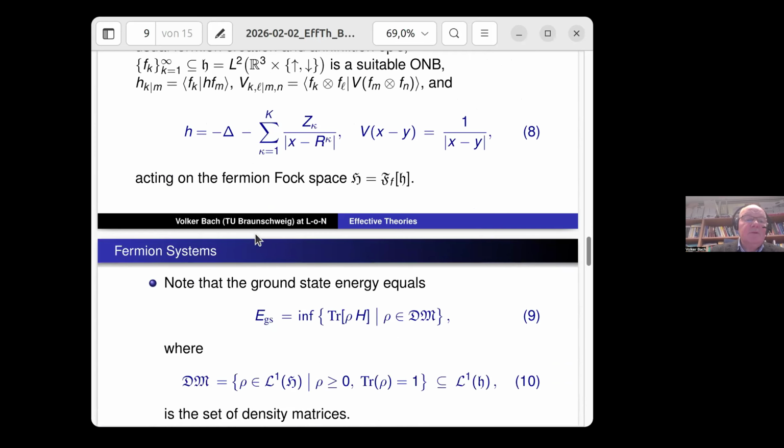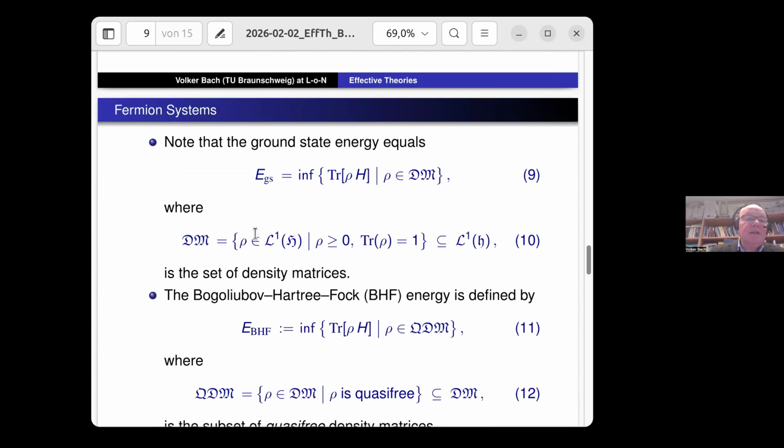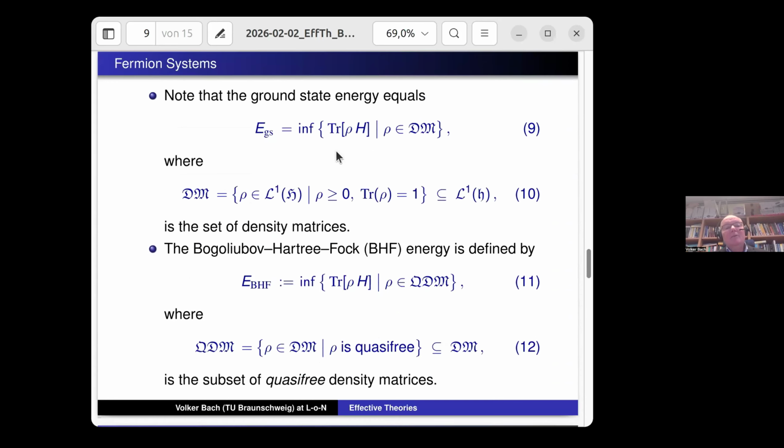So first of all, let me rewrite the ground state energy. Instead of taking the minimum over matrix elements of the Hamiltonian in normalized wave functions, I can slightly more generally pass to traces of density matrices rho multiplied with a Hamiltonian. So then the ground state energy is the smallest expectation value of the Hamiltonian in any rho, and rho varies through the density matrices.